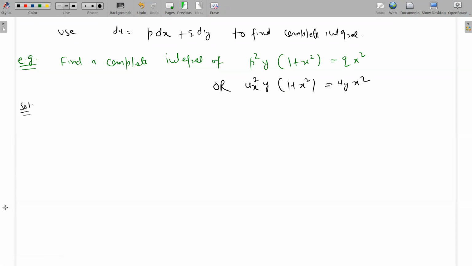Don't be inconsistent with notations. Of course p is the derivative of u with respect to x, so you can write the given equation and separate the terms. There is no mix-up of p, y, 1 plus x, x squared. The p term is separate, the y term is separate, the x term is separate, so you can separate.